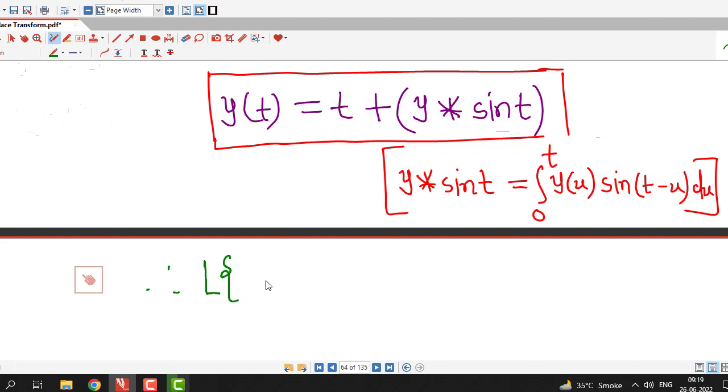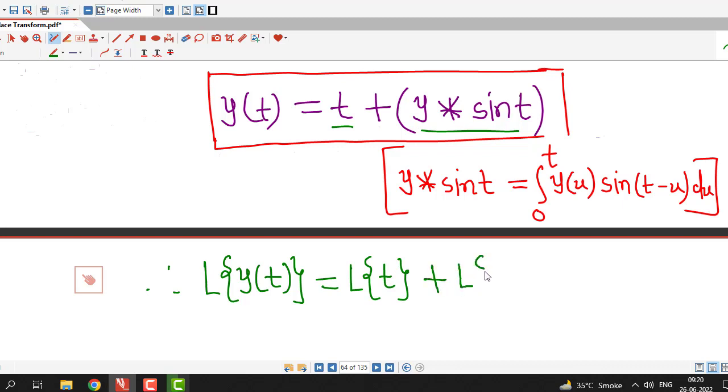Therefore, Laplace transform of the left hand side, that is y of t, equal to Laplace transform of t plus y star sin t, and by the linearity property we can write directly that this is equal to Laplace transform of t plus Laplace transform of y star sin t.